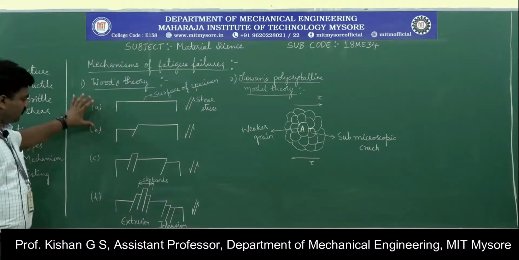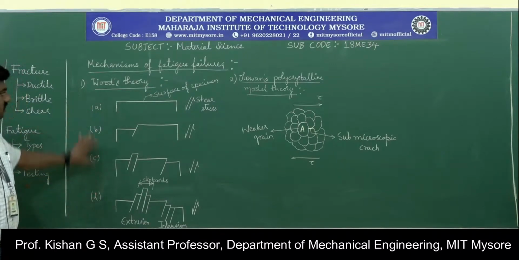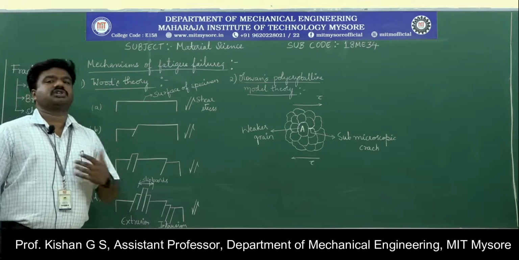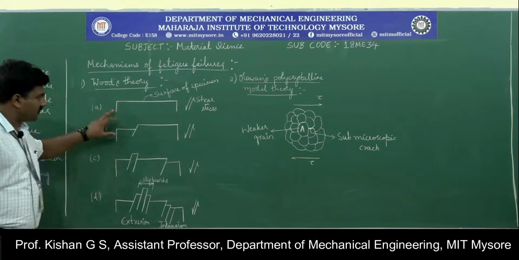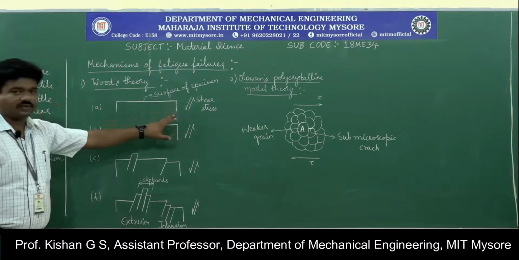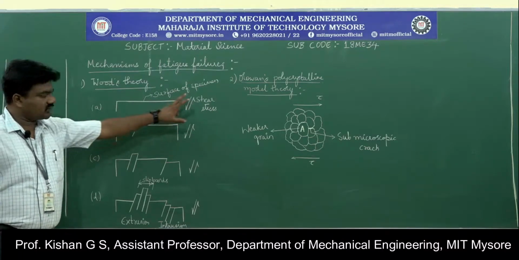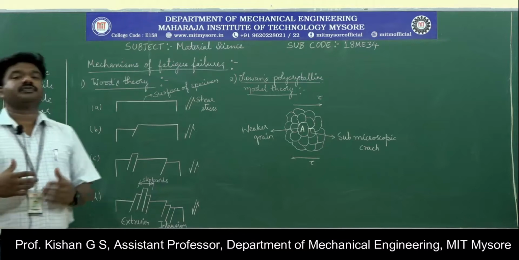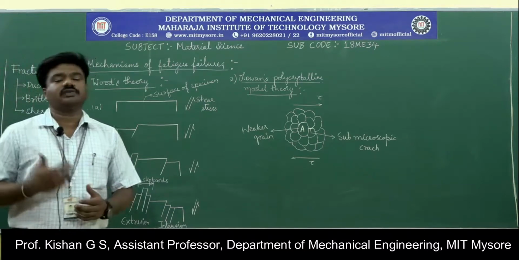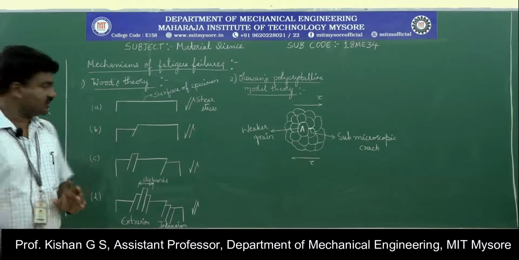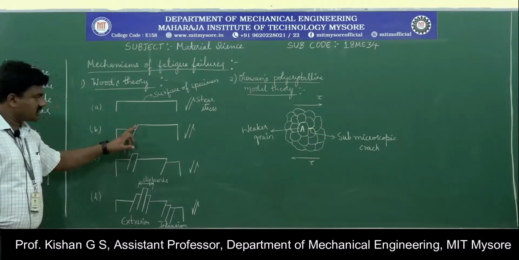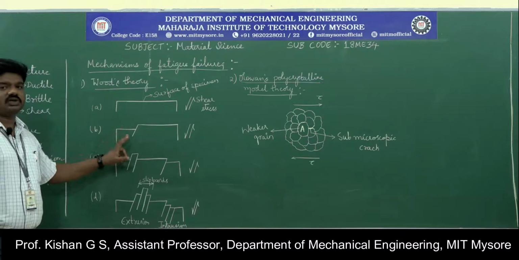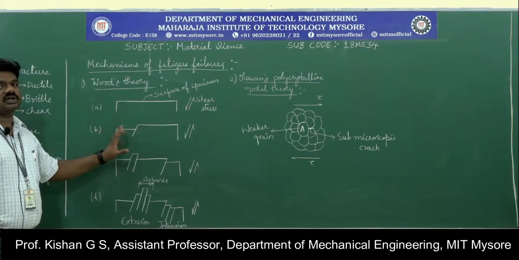Consider we have four different stages to represent Wood's theory here. Consider a material which is subjected to a shear stress condition. If this is the normal surface of this specimen, there will be a formation of slip upon continuation of the shear stress loading. See, this is a formation of slip over the surface of the specimen under the testing condition.